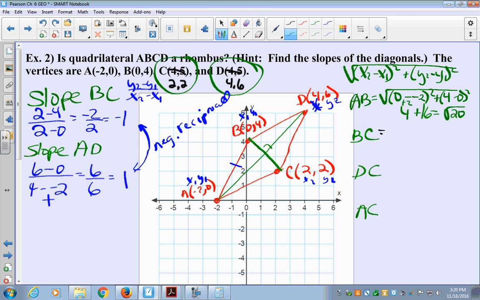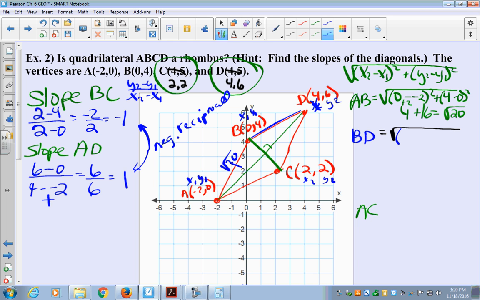Okay, so let's find BD in the same manner. That's this distance here. So this is square root 20, AB.